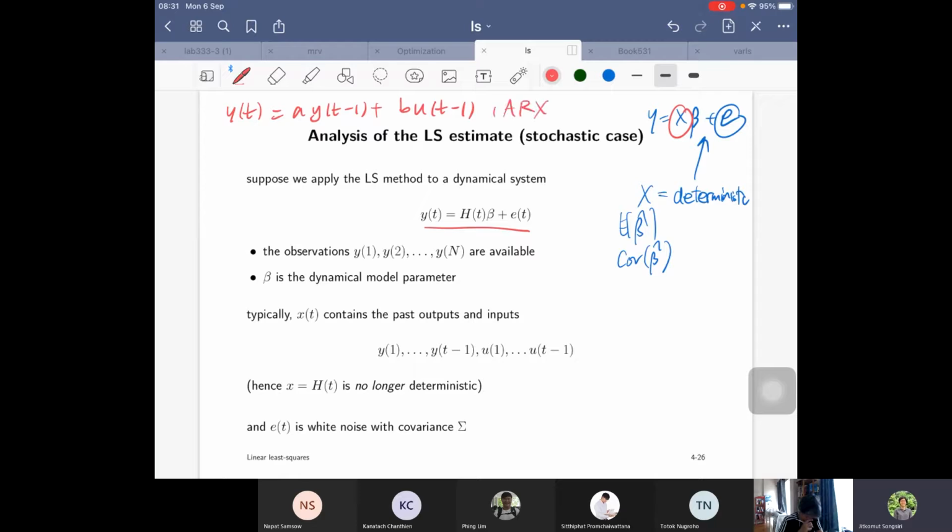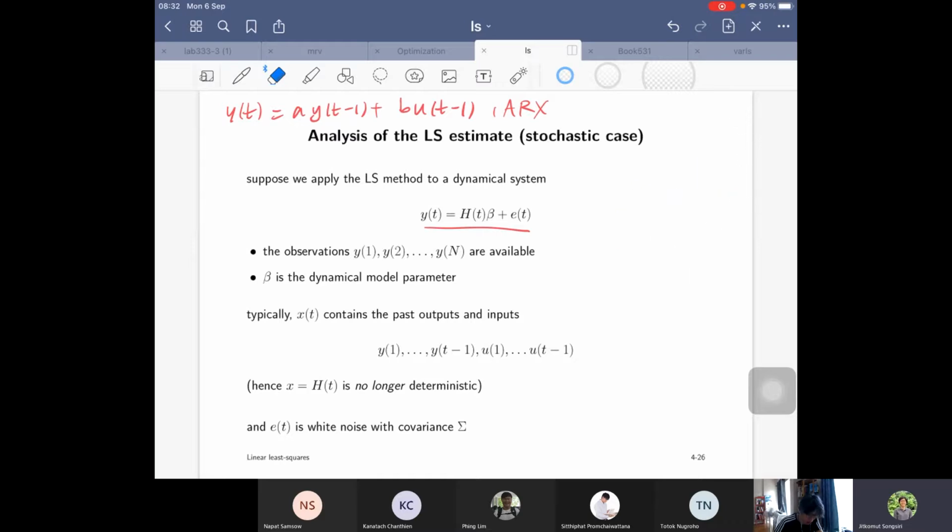If you put this into a linear least square framework, you will have that y_t is going to be y_{t-1}, u_{t-1}, and then the coefficients a, b, and then plus e_t.